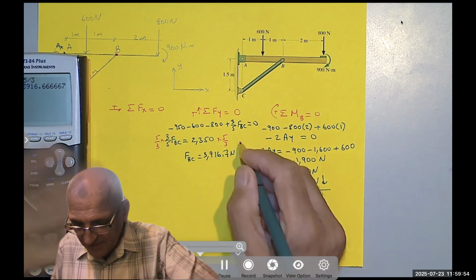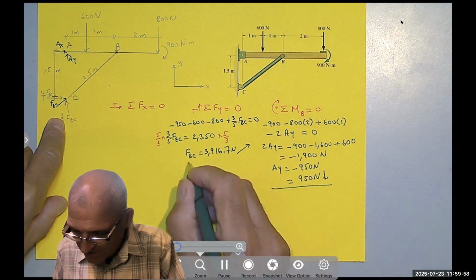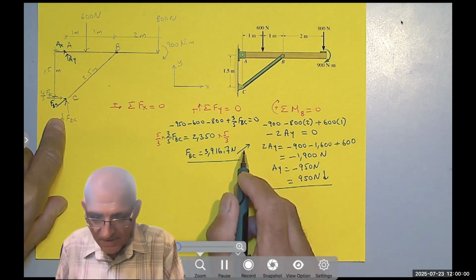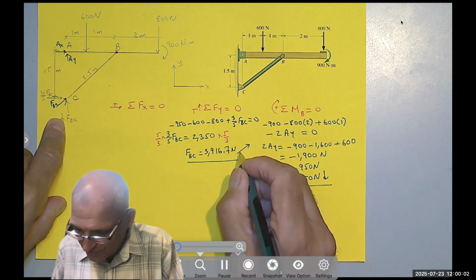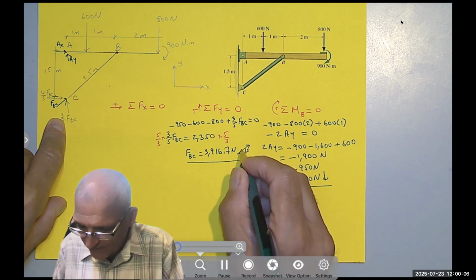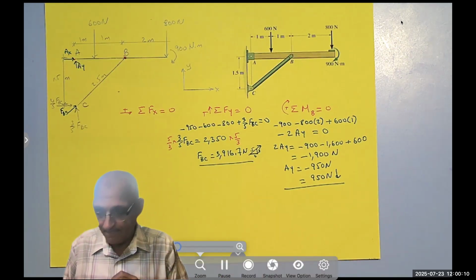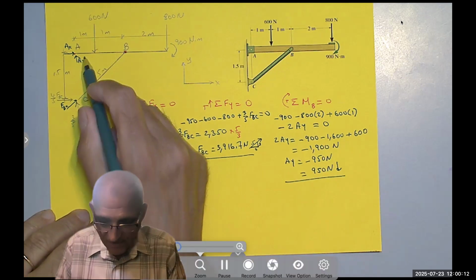And it's positive, meaning I assumed it correctly. It is in this direction. That makes a slope of 3 to 4. So you don't have to, but you can say 3, 4, 5. But that's FBC. So now I know AY, I know FBC.